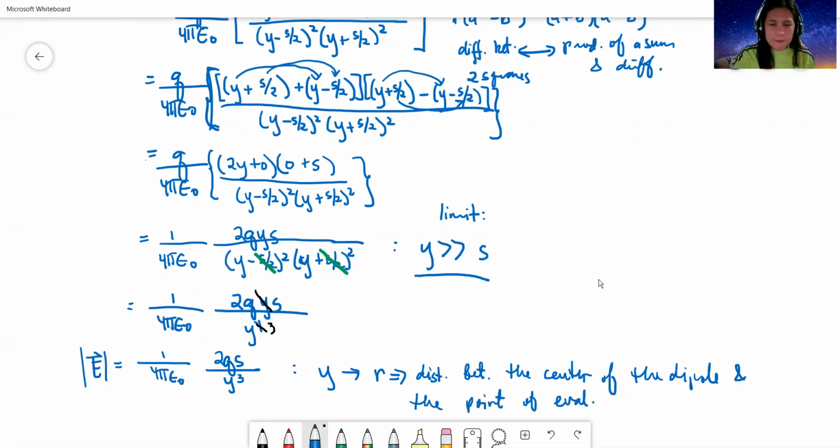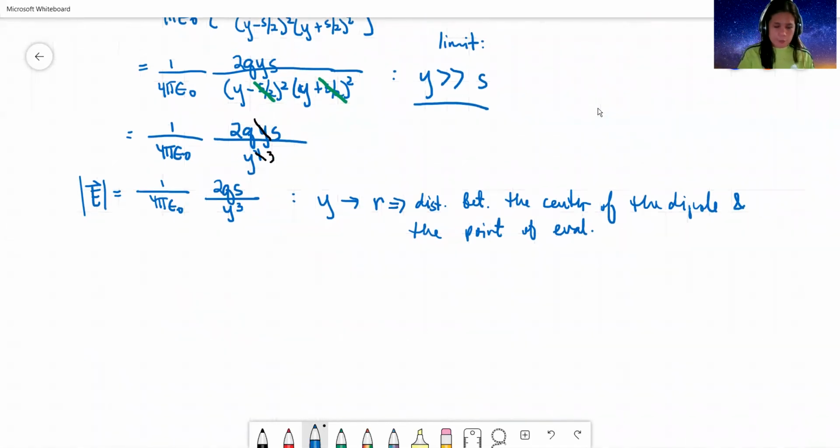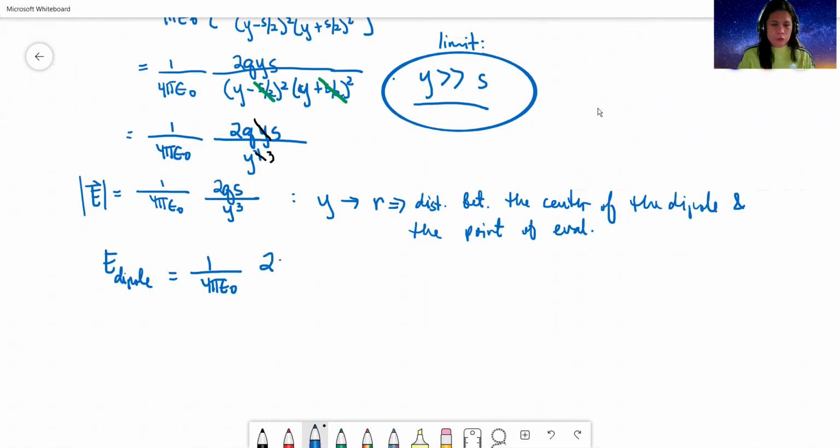So the electric field magnitude of a dipole for this condition is equivalent to 1 over 4 pi epsilon sub naught times 2qs, where s is the separation distance, over r cubed.